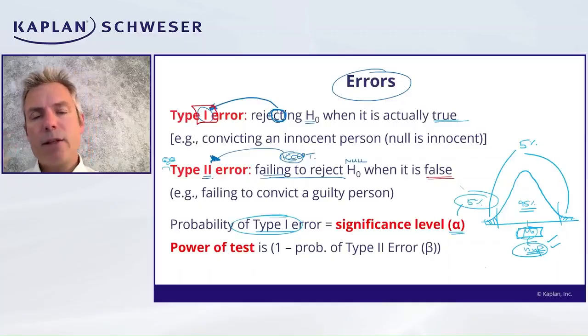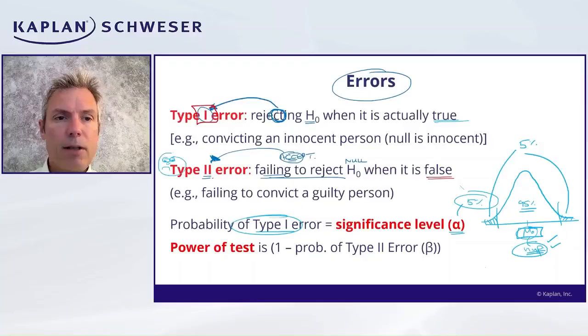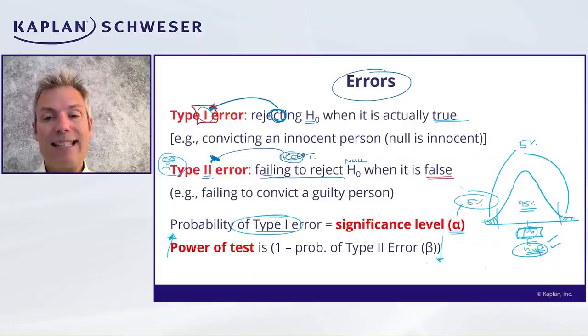So when they miss an opportunity to reject the dull null and they accept the dull null and they think nothing's there when something is there, that is not good news for statisticians. They don't like it. So what statisticians will do is they'll design a test with the highest power possible, because a high power test has got a very low probability of making a type 2 error, sometimes referred to as a beta error, okay? Or the probability of a type 2 error is referred to as beta.